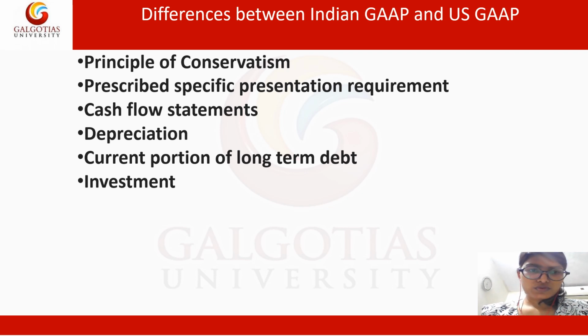Let us now move on to the differences between the Indian GAAP and the US GAAP. Basically, the US GAAP does not follow any principle of conservatism. However, the Indian GAAP does follow the principle of conservatism, that is the principle of prudence.